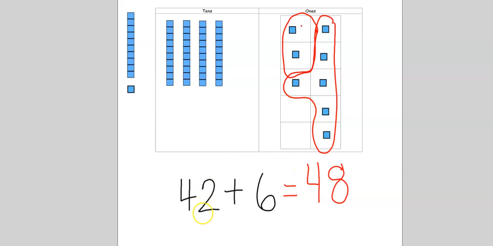So I counted on from 42 and I still got 48. So both of those strategies worked. Great job today, boys and girls, helping me build numbers, and we sorted them in 10s and 1s to add a 2-digit number and a 1-digit number.